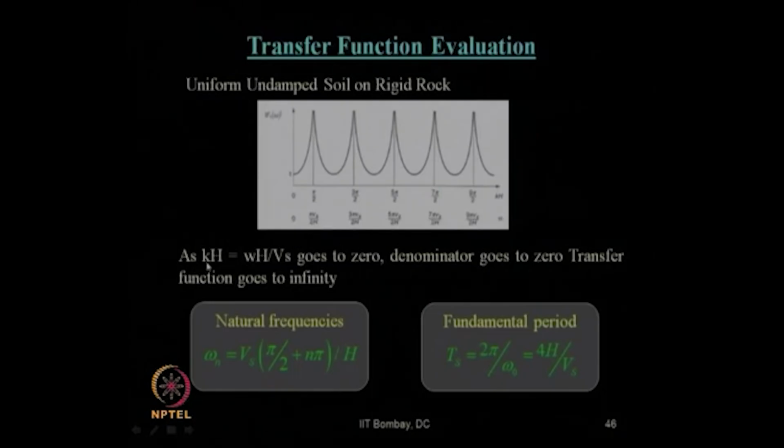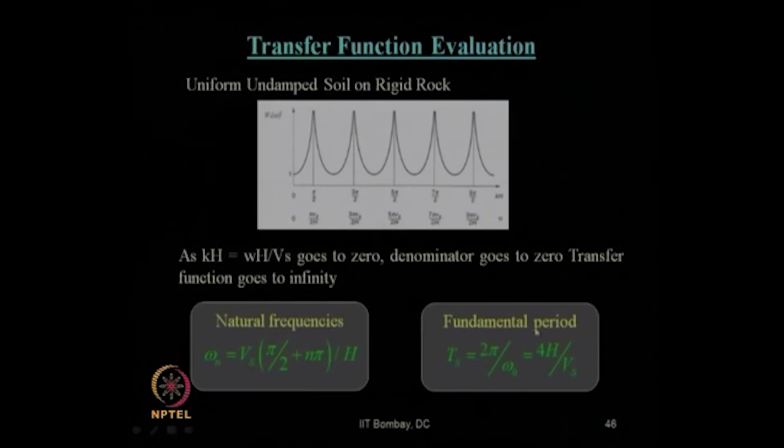Now, as cosine of k h, where k h equals omega h by V s, goes to 0, the denominator goes to 0, which means the transfer function goes to infinity, that we have already seen. What does it mean? It means we will get natural frequencies like this: V s by h times pi by 2 plus n pi, where n is an integer 0, 1, 2, 3, like that. Clear?